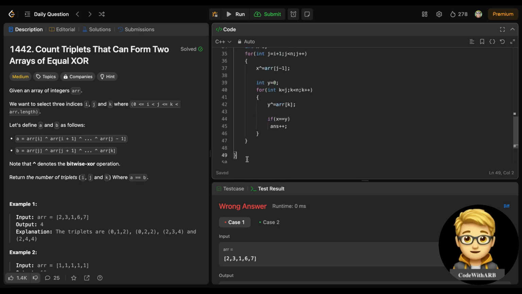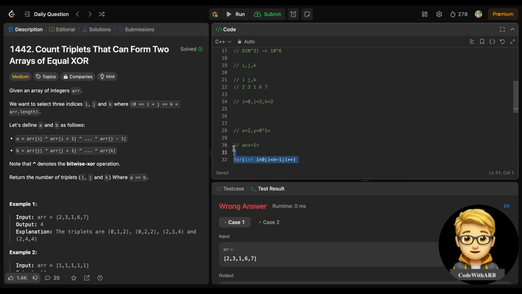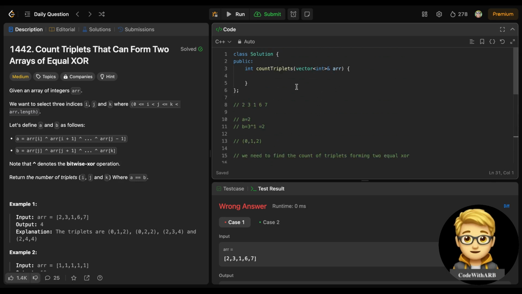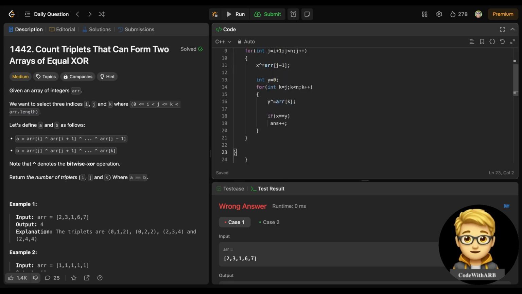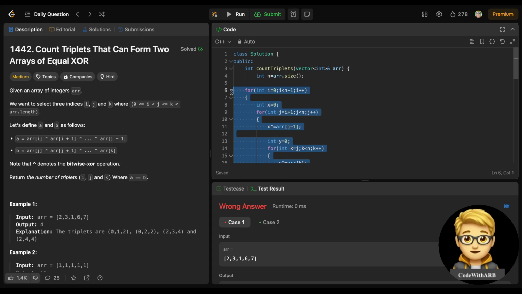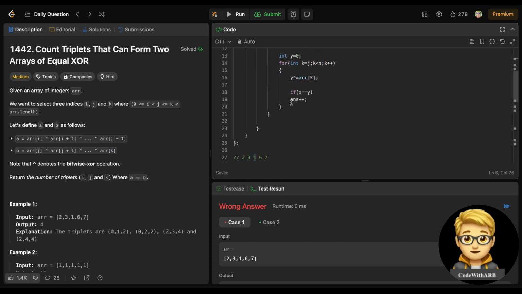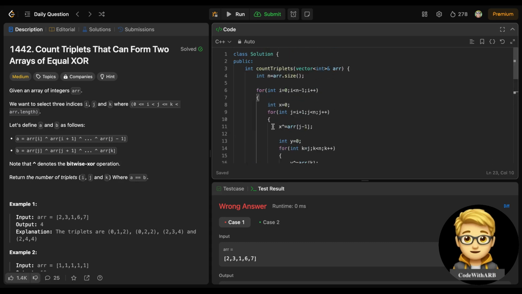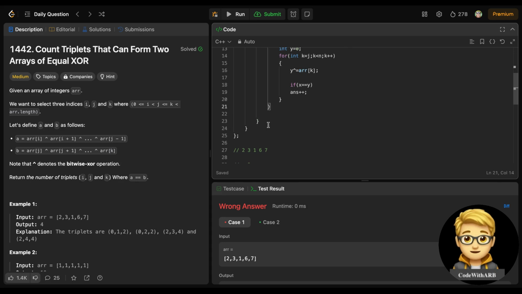So let's try to code that. We will need to initialize the answer and add here, and at last I need to return the answer, so I will simply return answer.